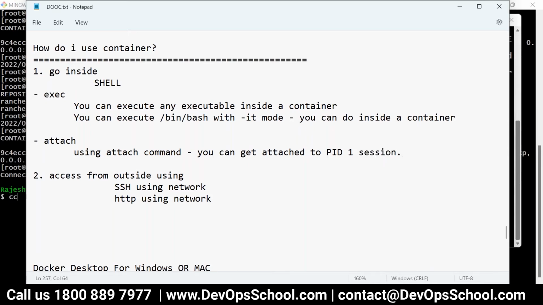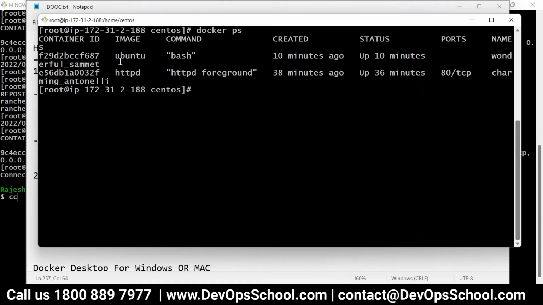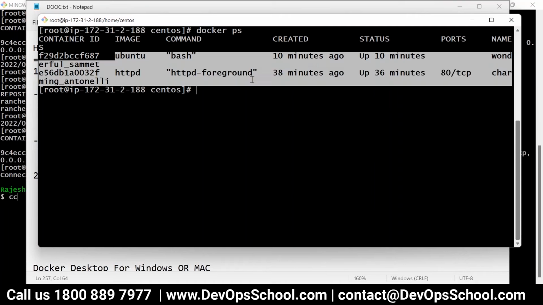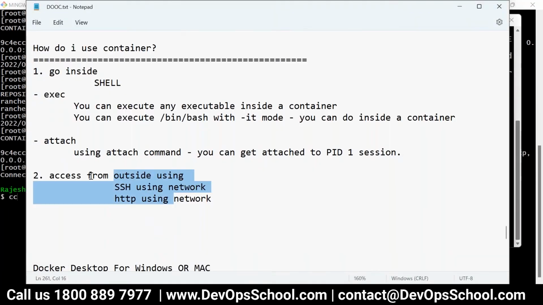PID1 means, see here, PID1 is bash here and httpd there. This is for the httpd, this is for the bash. Okay. So can I do the attach of both?